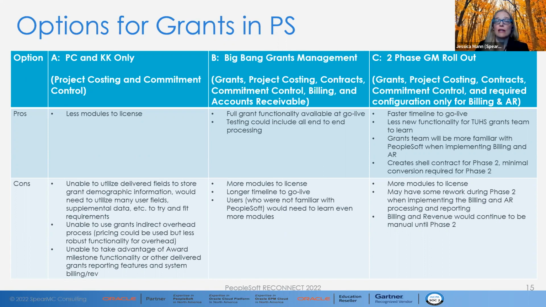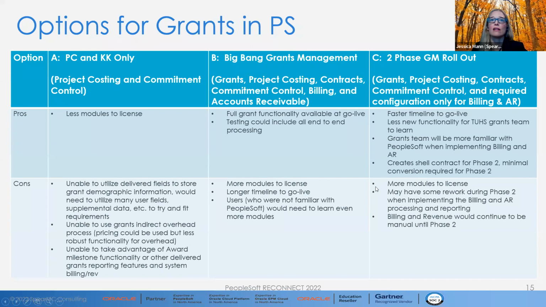With the phased approach, we also would be creating a shell contract for phase 2, which would help minimize the conversion required for phase 2. So there would be more work for phase 2, but most of the configuration and the core structure of the grant would already be there.